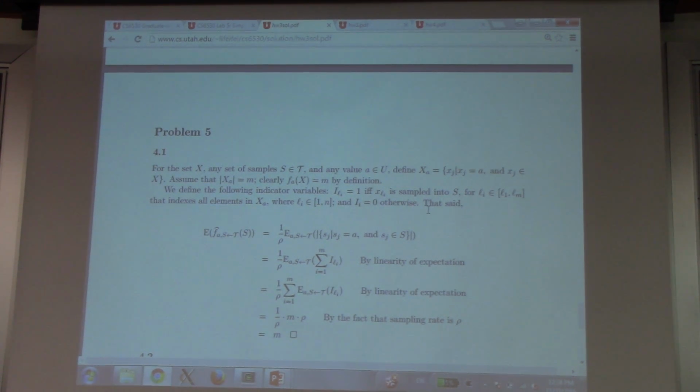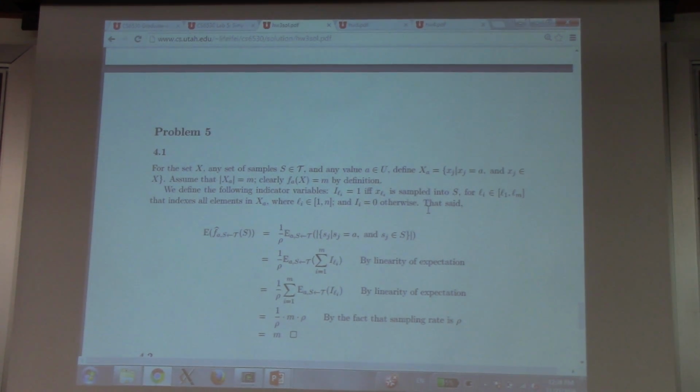So the basic idea of sampling is, for example, if I want to estimate the average GPA of all students in my class, one way to do that is to ask each of you what your GPA value is.